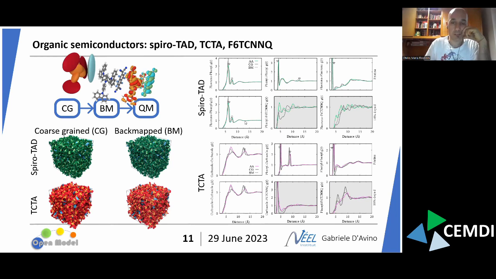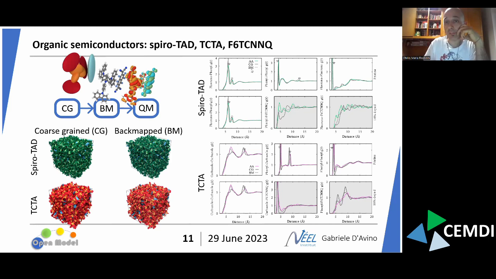And in this slide, you can see that the radial distribution functions match quite closely the atomistic reference. There's a bit of noise in this one, basically in the interaction between the semiconductors and the dopant, that is the blue molecule, but otherwise we get a very good agreement.